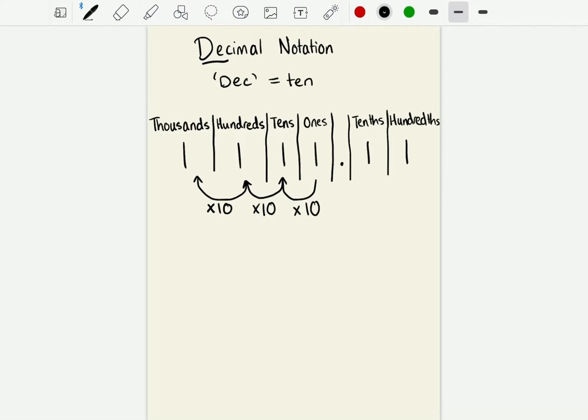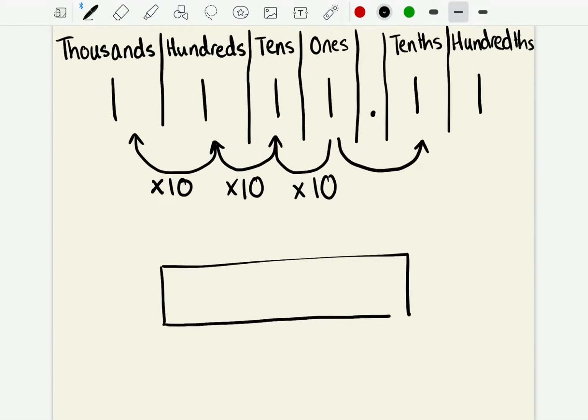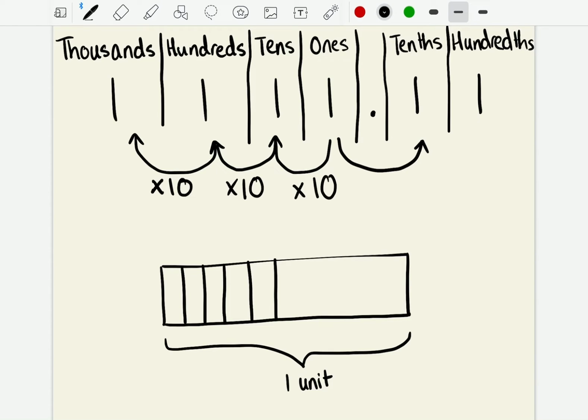And as I move to my right, it's very similar, but we just have to remember that as we move to the right, we're actually getting smaller, not larger. So we're guessing that it's going to be 10 times smaller. And let's just double check that. If I'm going from ones to tenths now, well, a tenth, by definition, is what we get when we cut 1 unit up into 10 even parts. So if this is 1 unit, and I divide that unit into 10 even parts, now I'm looking at a fraction.